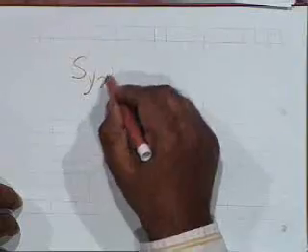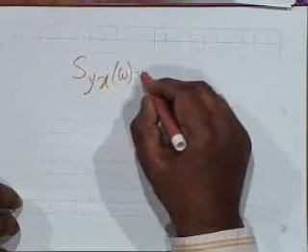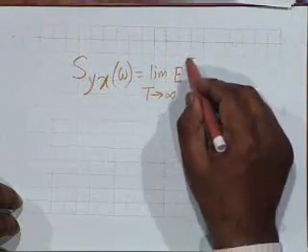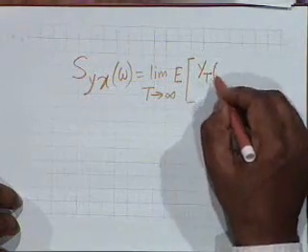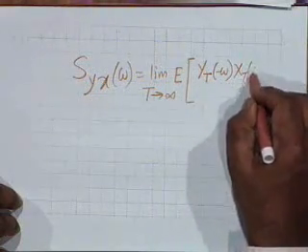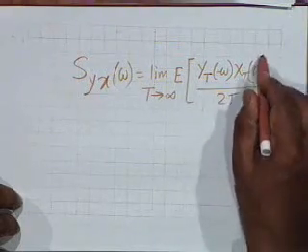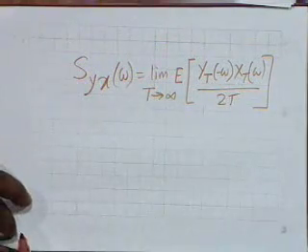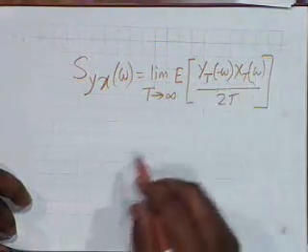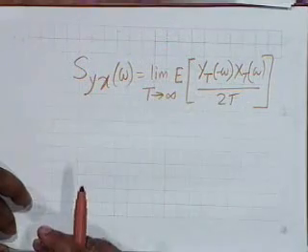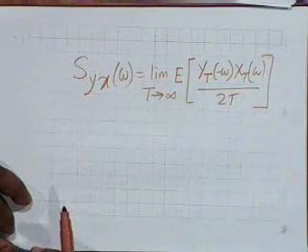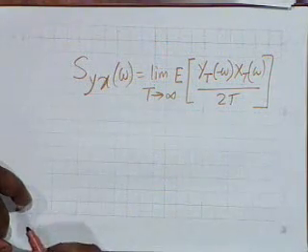Now, therefore, cross spectral density S yx of omega is limit T tends to infinity, expected value of Y_T(minus omega) X_T(omega) over 2T. Well, this is the way it is written, expected value either in the numerator or denominator.